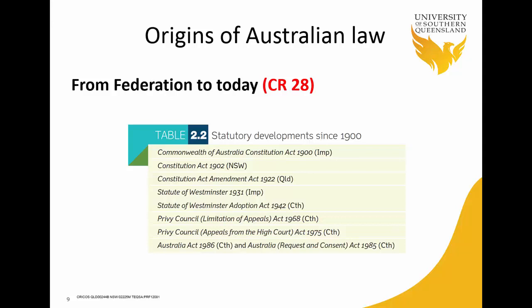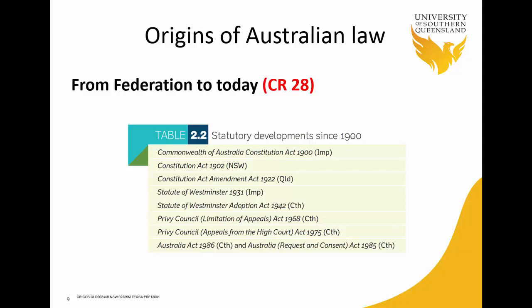By coming into effect, it transformed the 6 independent colonies into states. So our states were not really independent states when they entered into the Commonwealth. The Commonwealth simply transferred them from being colonies to being states within this federal system.